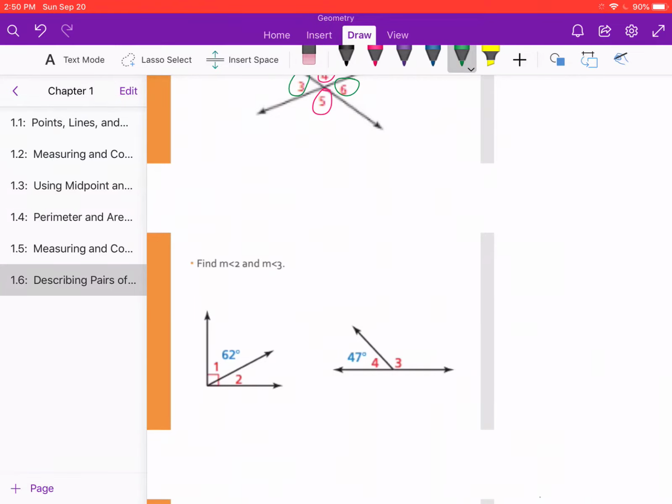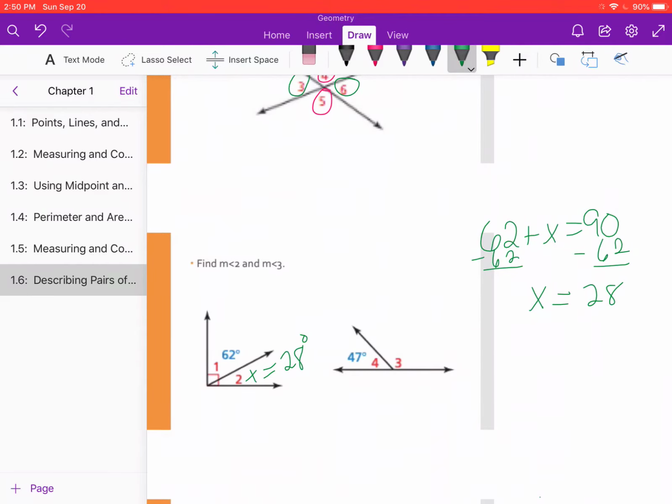If I'm going to call this x, I know that 62 plus x has to equal 90. So minus 62, minus 62, x equals 28. So the measure of angle 2 is 28 degrees.